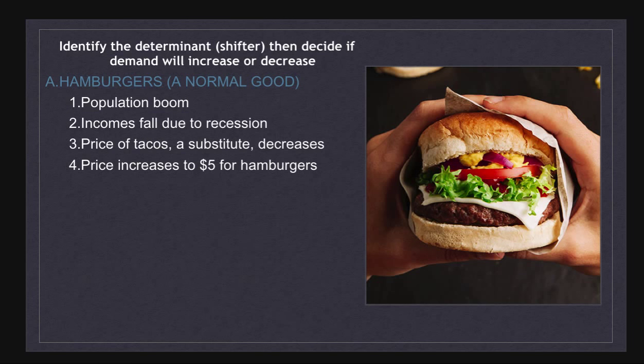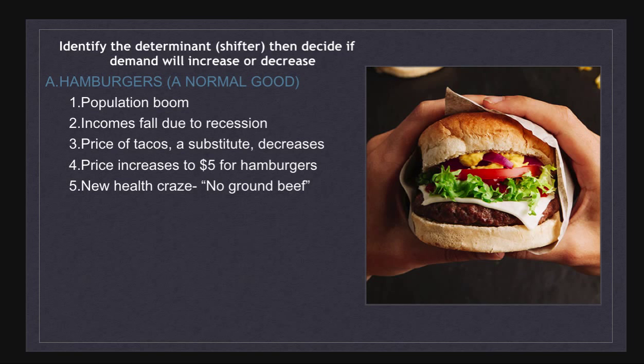Price increased. Number 5. There's a new health craze out there which says that ground beef is bad for you. For some of you, I know that wouldn't change a thing. But for the general population, which determinant of demand?